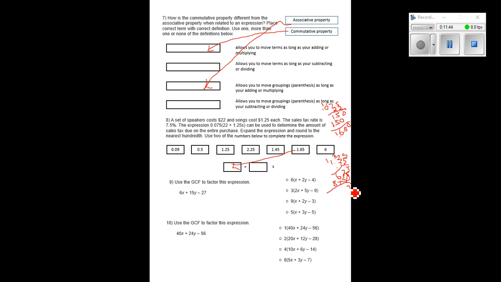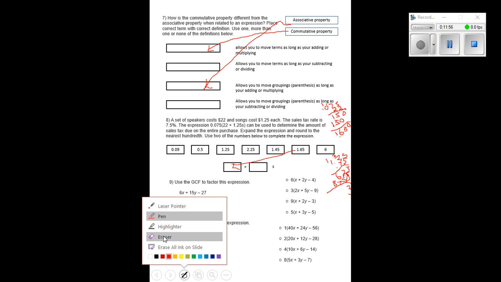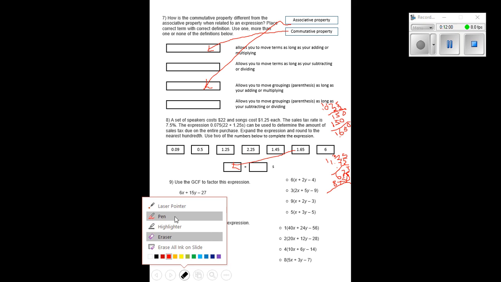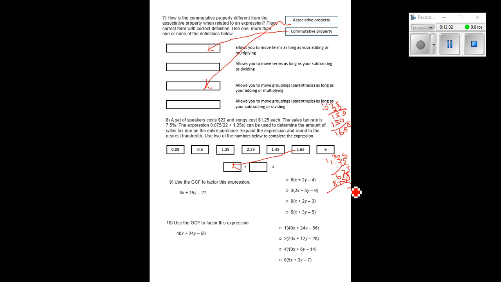Well, this would be a 3. Let's see here. I'm sorry, that's a 5, not a 3. Then 2 plus 5 is 7. 6 plus 7 is 13. Carry the 1 is 9.